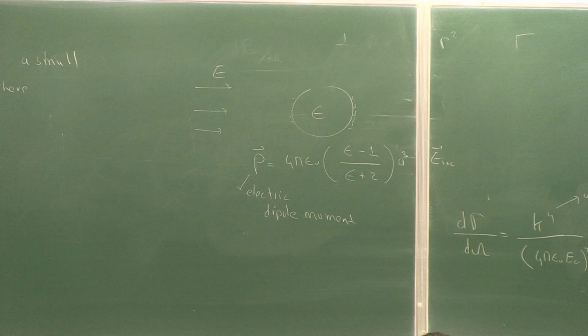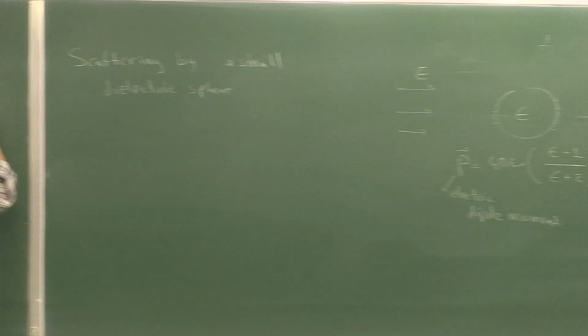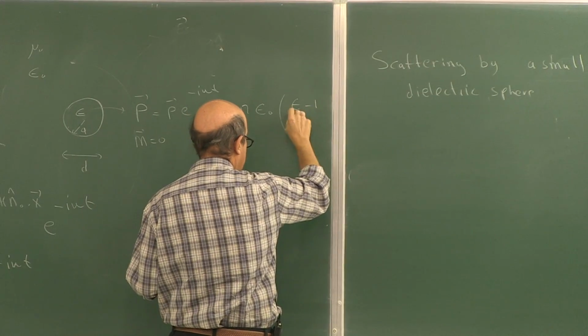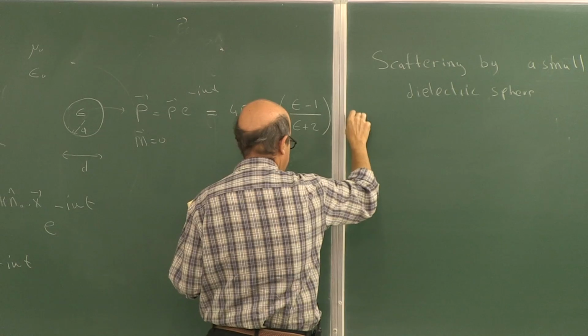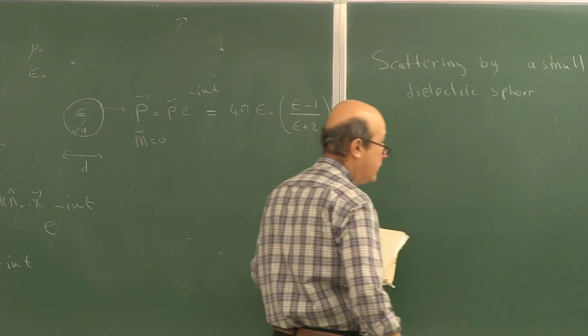So that will be 4 pi epsilon 0, where epsilon 0 is the permittivity of free space, (epsilon minus 1)/(epsilon plus 2) a cubed E incident.